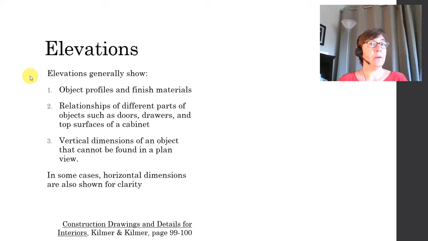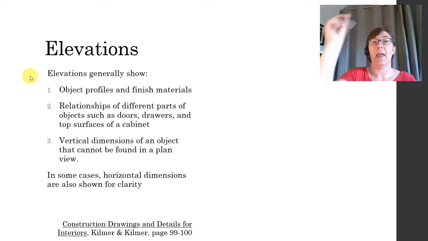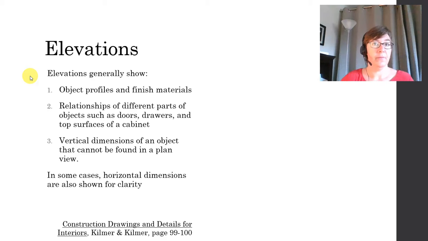So what kind of information do we include in interior elevations? They generally show object profiles, so the edges of objects. They show finish materials. This is something that's fairly hard to show on floor plans. It's the finish materials of vertical surfaces, and therefore we need to include that information in elevations.